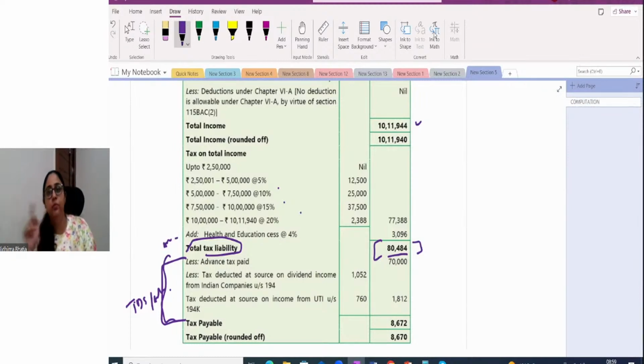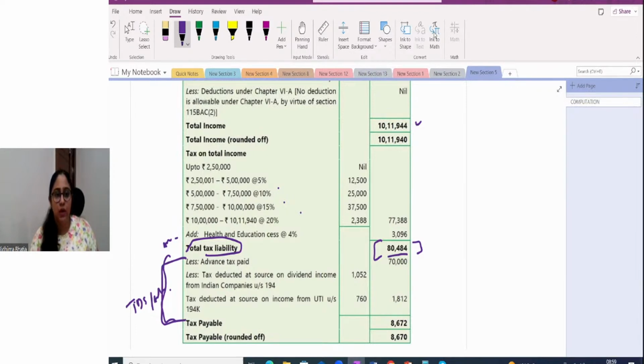Now we'll do a more typical question whereby more understanding of our 115BAC would be required. Everyone, I hope सबके answer match हो गए. Shall we move forward? Surcharge, no problem. Take your time.